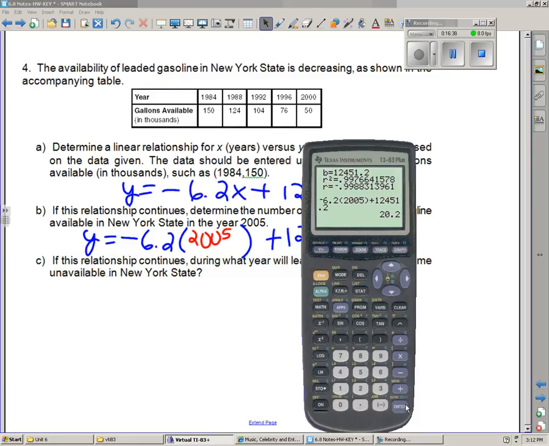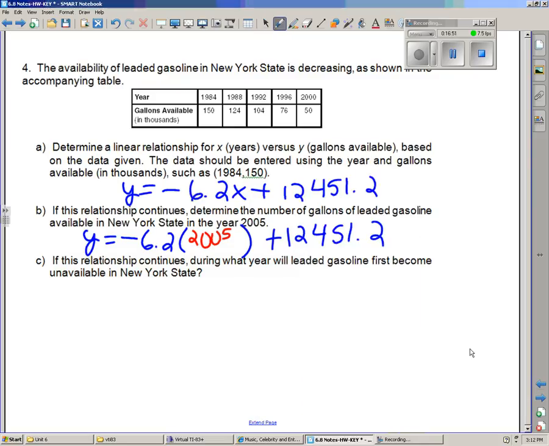Okay, so then it looks as though if this relationship continues, the number of gallons of leaded gasoline available will be about 20 gallons of gas. It doesn't tell you whether you should round it or not. I'm just going to leave everything as the decimal, so we'll say 20.2 gallons.